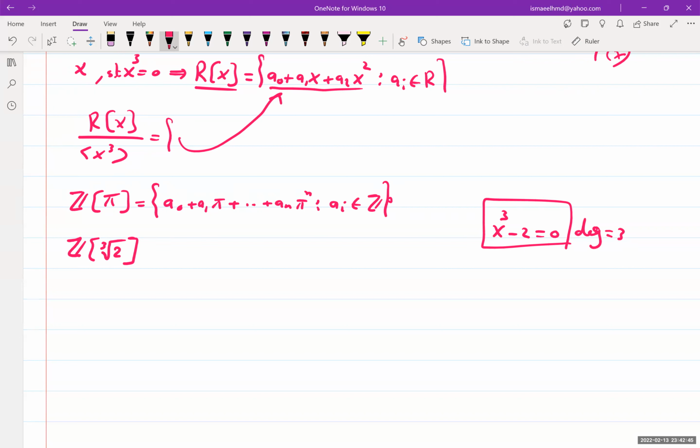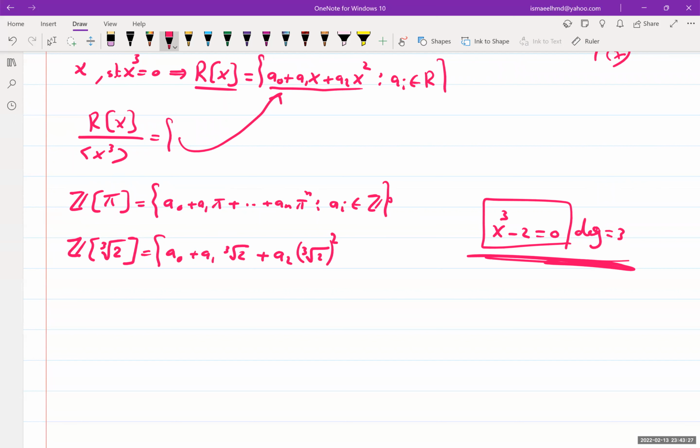So the polynomials in Z[cube root of 2] must be polynomials like a0 plus a1 cube root of 2 plus a2 cube root of 2 squared, but we don't write cube root of 2 to power 3 because it's a root of a polynomial of degree 3.